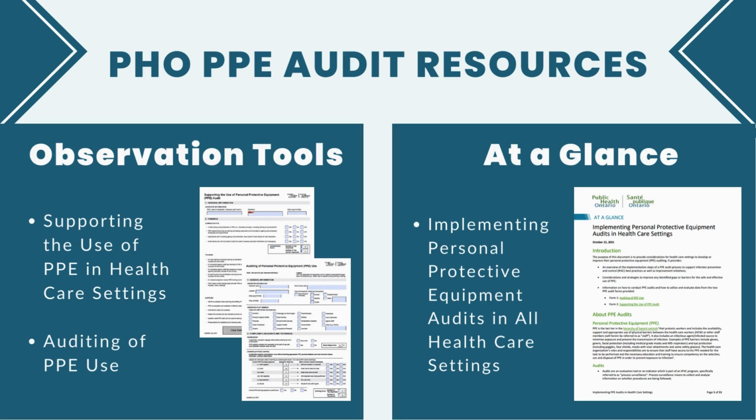There are 2 observation tools. One is supporting the use of PPE in healthcare settings, and the second is auditing of PPE use. A document to help guide the use of these observation tools to audit and improve PPE practice at your setting is the At a Glance document. It talks about implementing personal protective equipment audits in all healthcare settings.